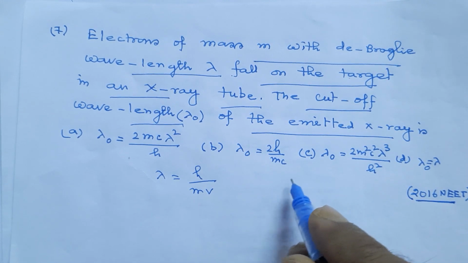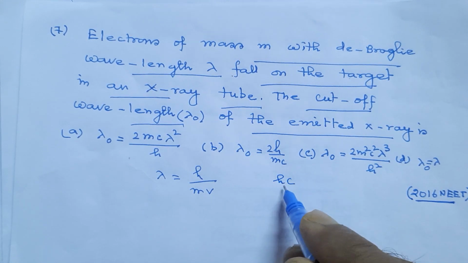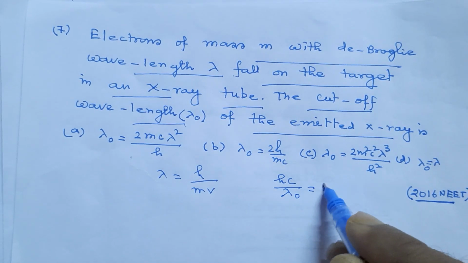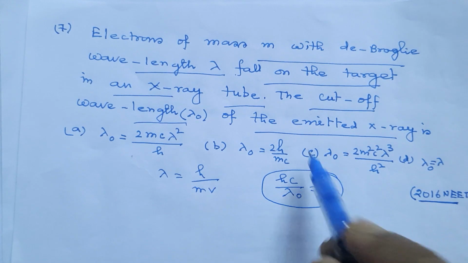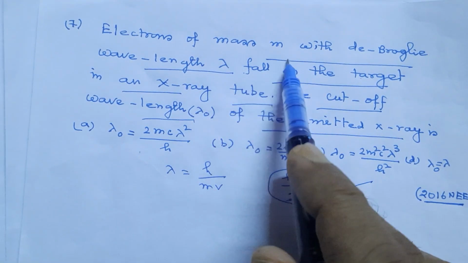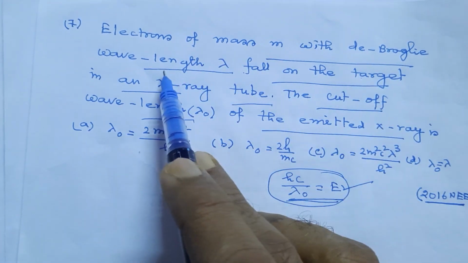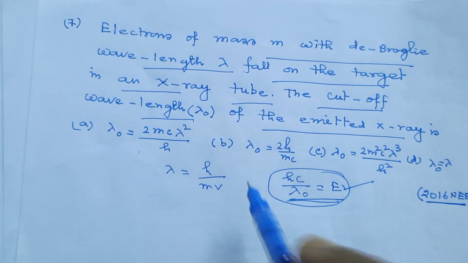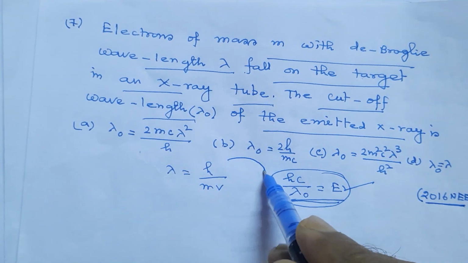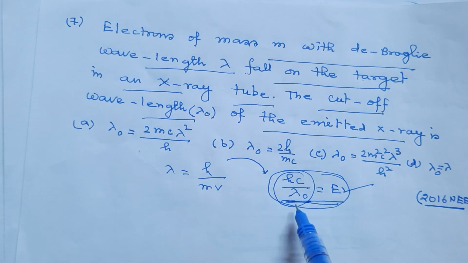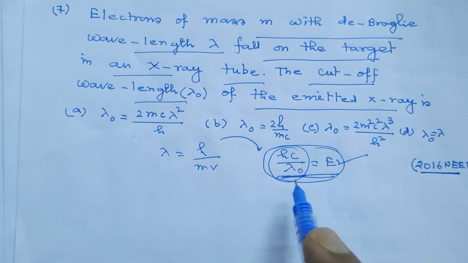For the cutoff wavelength lambda 0, we know that hc by lambda 0 equals E, the maximum energy of the electron. The maximum kinetic energy of the electron is converted into X-ray, giving the minimum wavelength, that is the cutoff wavelength of the emitted X-ray.